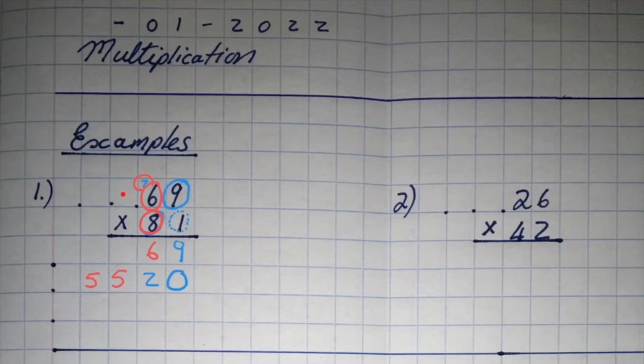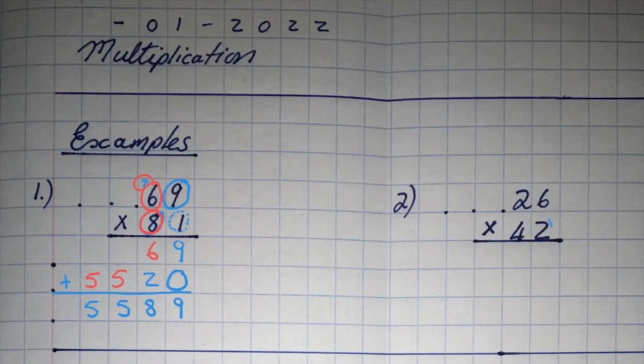There is no other number for the 8 to multiply against, so this line is done, and I simply add. 9 and 0 is 9, 6 and 2 is 8, and that will obviously just be 5 and 5. So your answer is 5,589. You can write number 2, skip 3 blocks, 26 times 42.